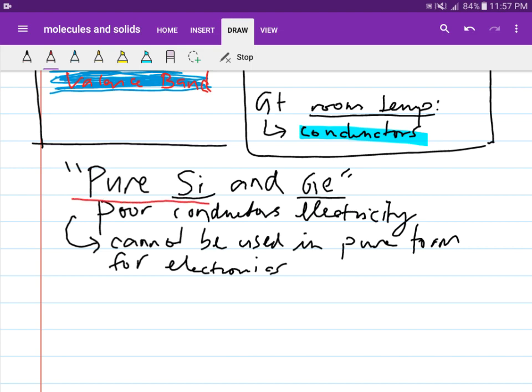So instead of using pure silicon and germanium, they dope them with other elements. Doping means improved performance.